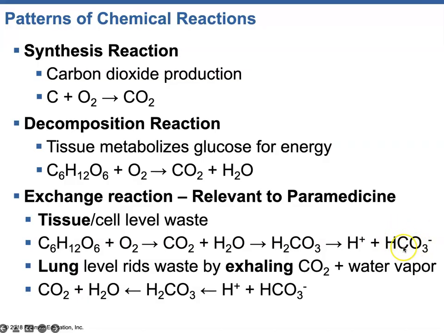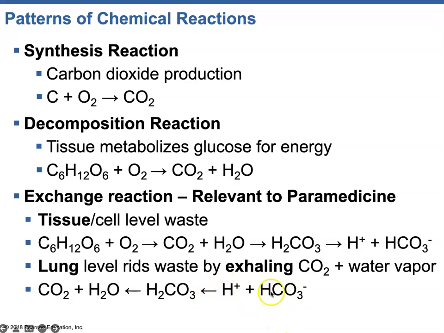And so what happens here is when we get to the lungs, so our blood will flow back to our heart, get pumped to our lungs. Now we can actually take this carbon dioxide that is within this bicarbonate molecule and combine it again with hydrogen. So we have this reverse reaction that occurs at the lung level within our blood. These two combine.